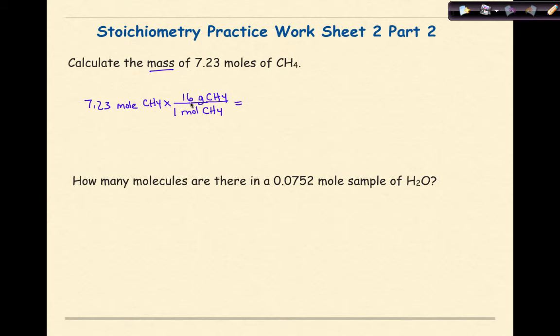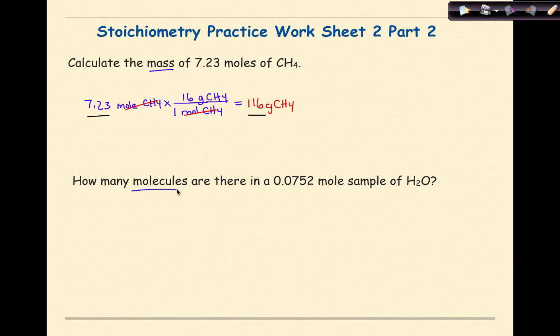I'm going to cancel my units. Moles cancel moles. 7.23 times 16 divided by 1 gives me 116 grams of methane. Key thing to check here, I start with 3 significant figures, I end with 3 significant figures. Let's go on to the next problem.